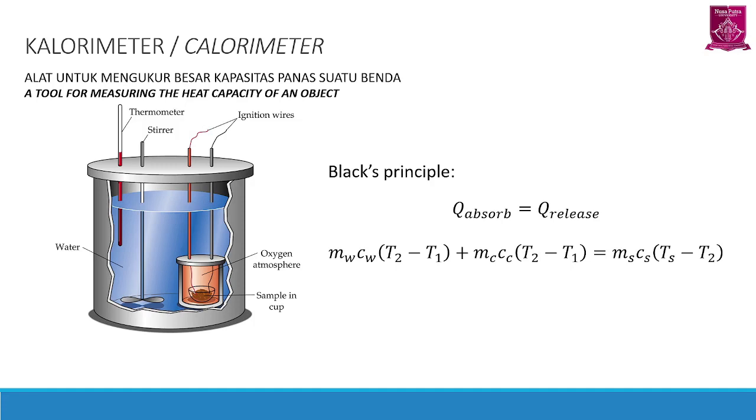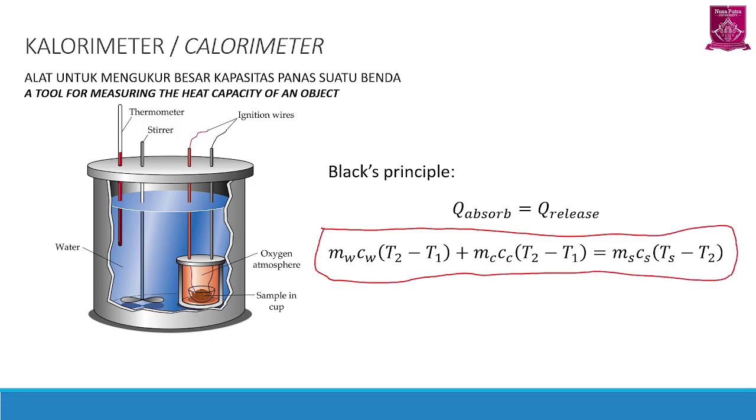So by Black's principle, Q absorbed is equal to Q released. Now we have this equation, with W for water, C here for cup, and S here for sample.